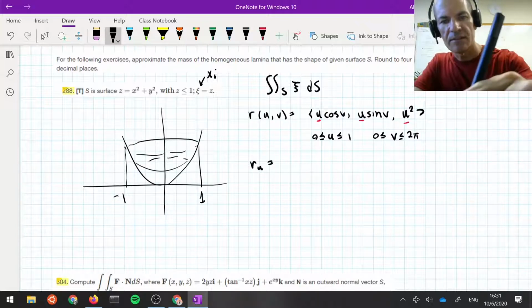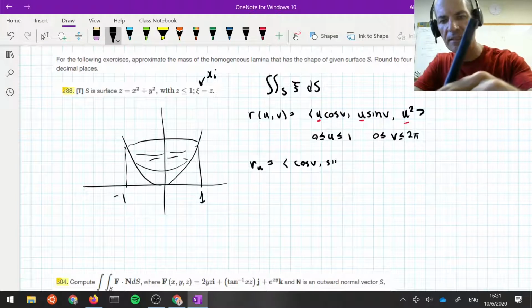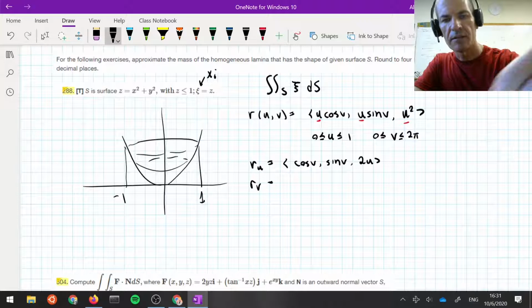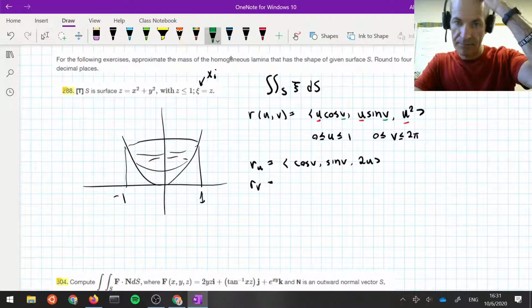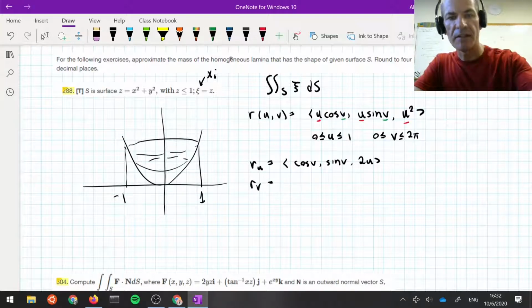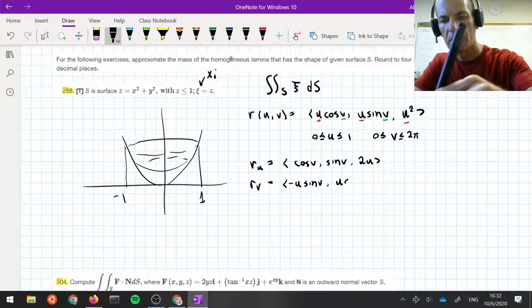So we take the partial with respect to u, we get cosine of v, sine of v, and 2u. R sub v, where are the v's? The v's are sitting here, here. So the partial with respect to v is going to be minus u sine v, u cosine v, and 0.